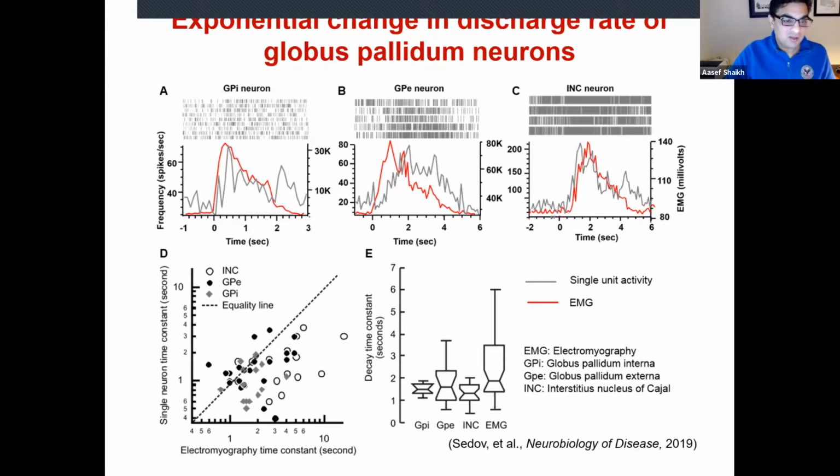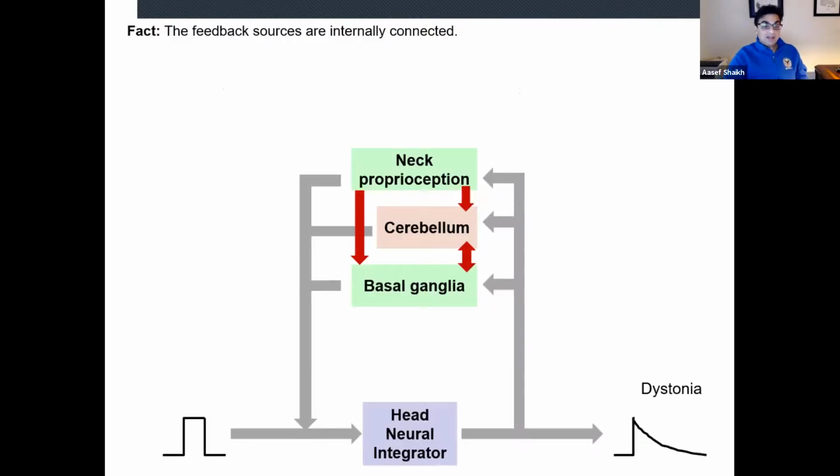I'm not going to go into the panel D figure, but if you focus on panel E, the time constant of the decay of GPi, GPe, or nucleus of Cajal is pretty comparable. So whatever property we found in the leakiness of the head neural integrator, we also found in the leakiness of the basal ganglia.